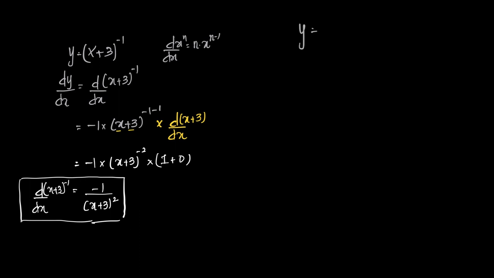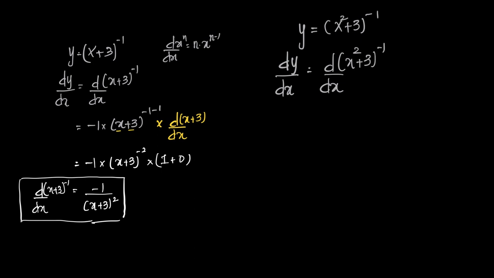So let's say we have y is equal to (x square plus 3) the whole raised to the power minus 1, in which case we know that dy by dx will be equal to d by dx of (x square plus 3) whole to the power minus 1. But we know that d by dx of x to the power n is equal to n into x to the power n minus 1.